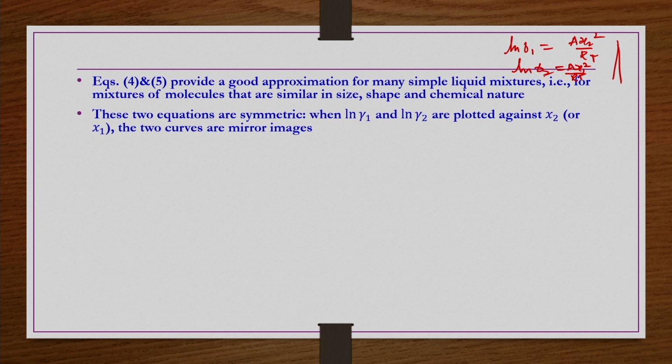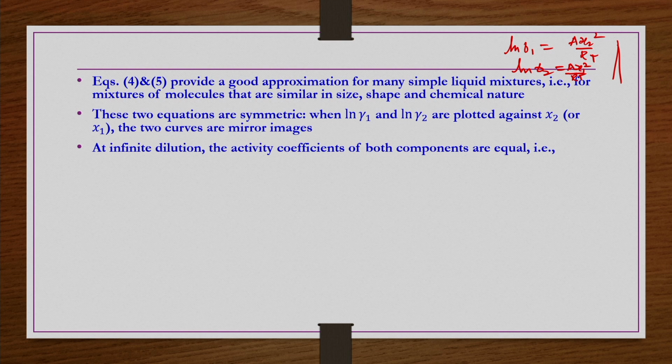So, they are mirror images of each other, and then we call those activity coefficients symmetric activity coefficients. We see this pictorially in some cases, no.